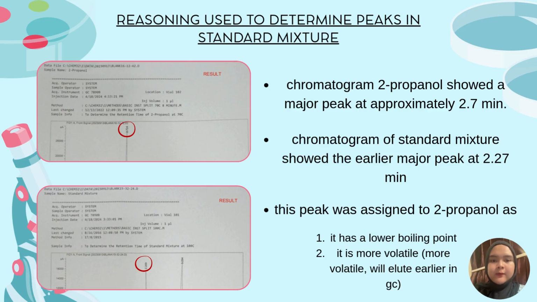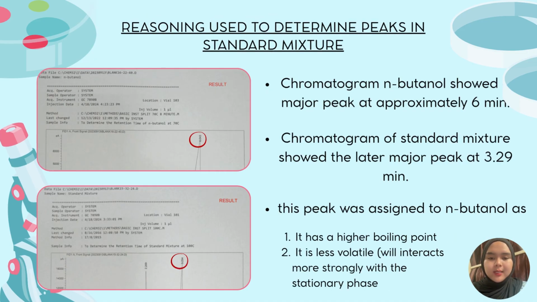Even though the time is different, that is acceptable since the first one was run at 70 Celsius, while the second one was run at 100 Celsius, which helped the mixture to elute earlier due to the higher temperature.